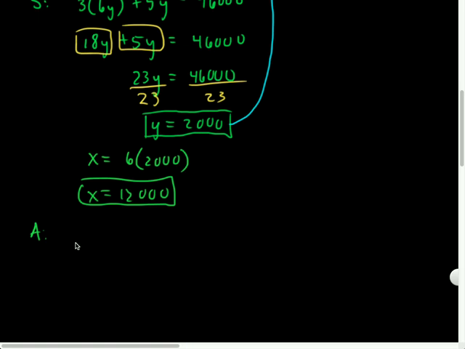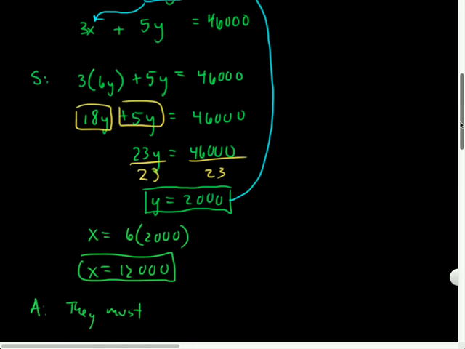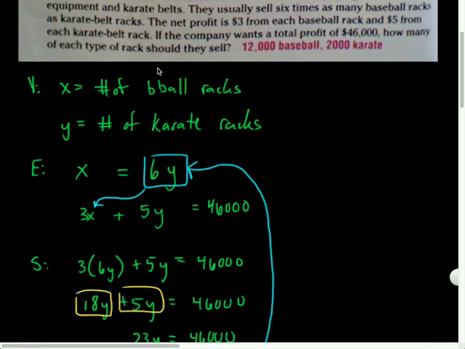And then we could answer the question with a sentence. Let's see. So they must sell. Well, actually, wait. Is 12,000 the money they made? What does 12,000 represent? The number of baseball racks they need to sell, right? So that's not profit, right?